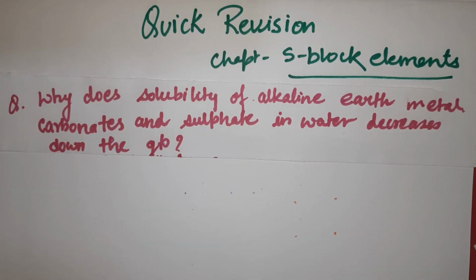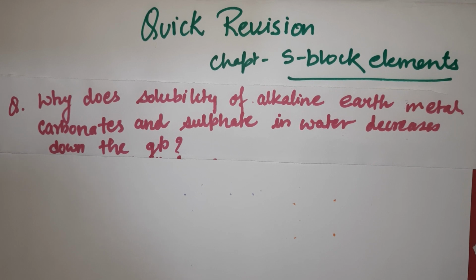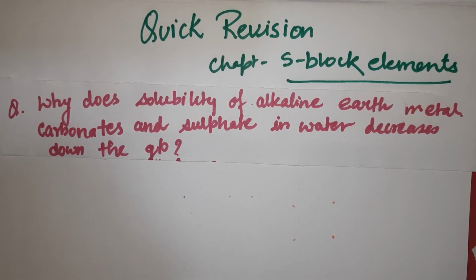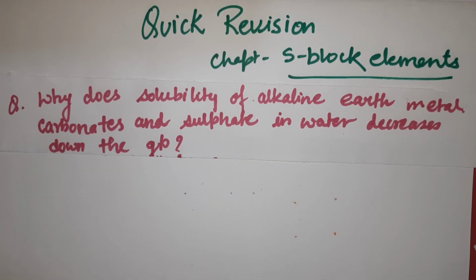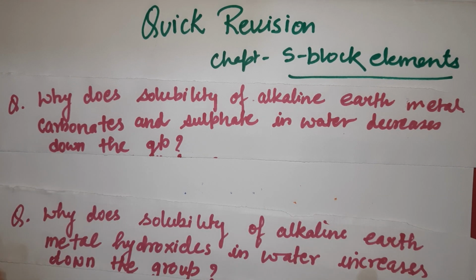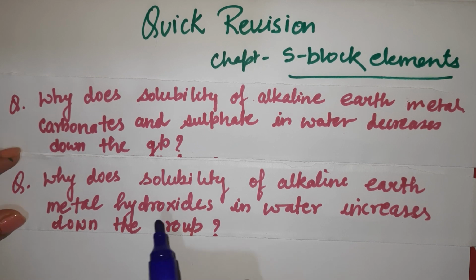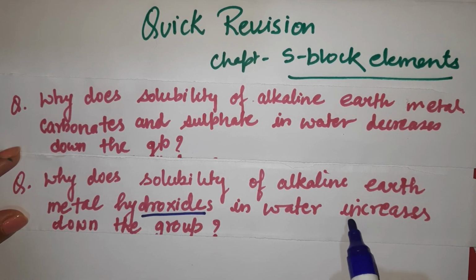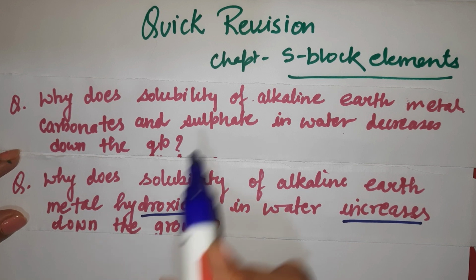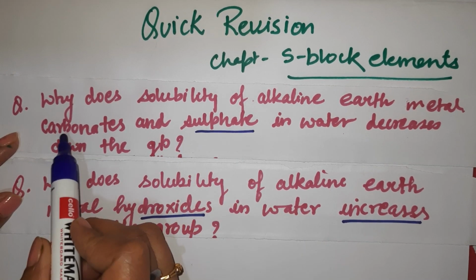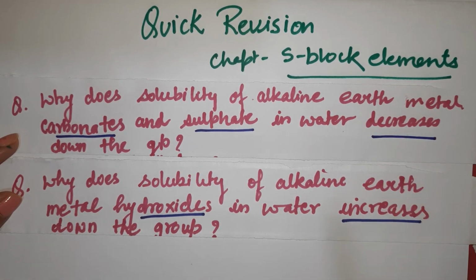Why does the solubility of alkaline earth metal carbonates and sulfates in water decrease down the group? One more question related to solubility is why does the solubility of alkaline earth metal hydroxides in water increase down the group, and sulfates and carbonates decrease down the group?